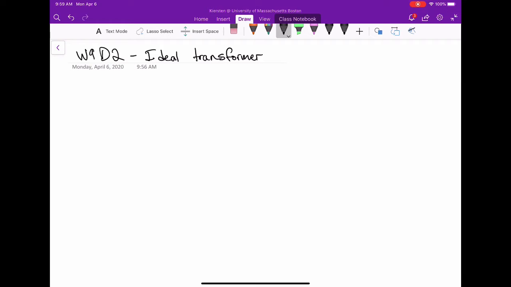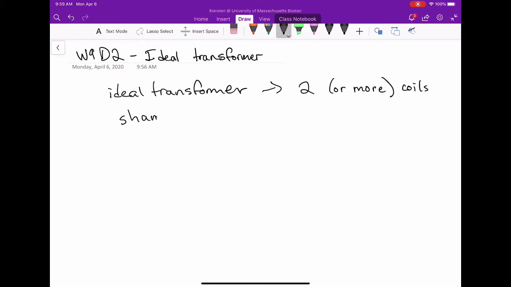We're going to continue our discussion of Faraday's law with talking about ideal transformers today. An ideal transformer has two or more, I suppose, coils of wire that share the same flux.